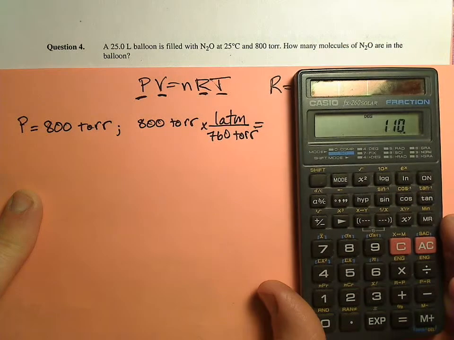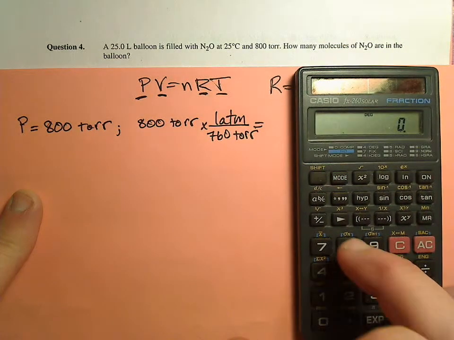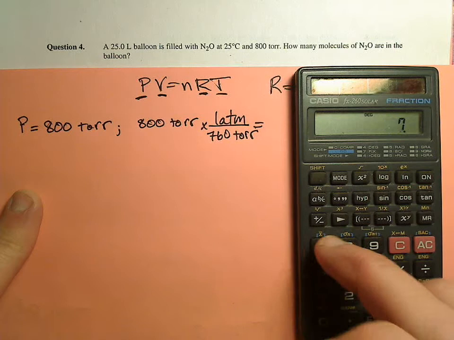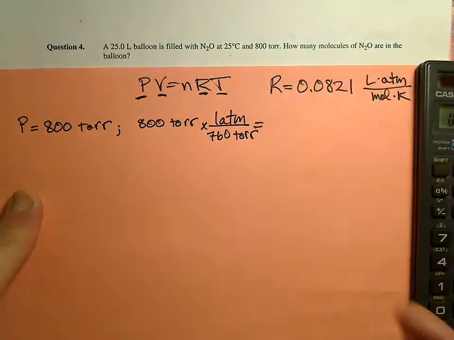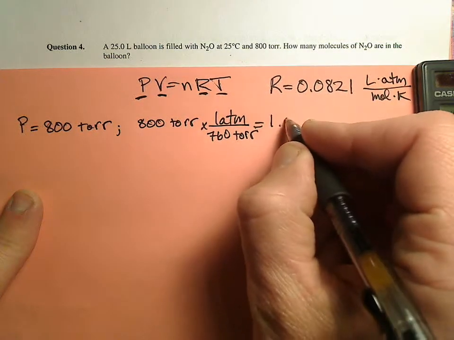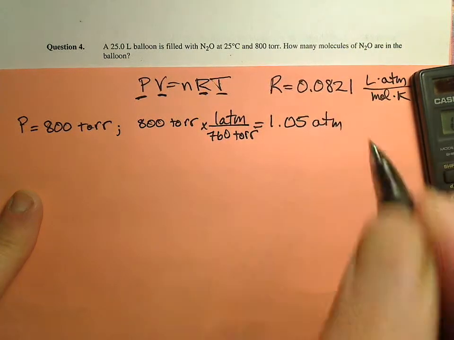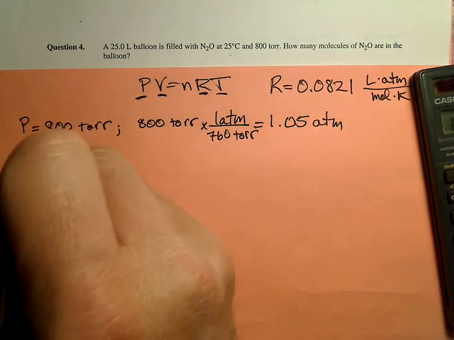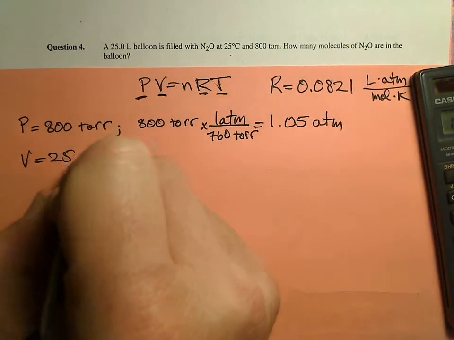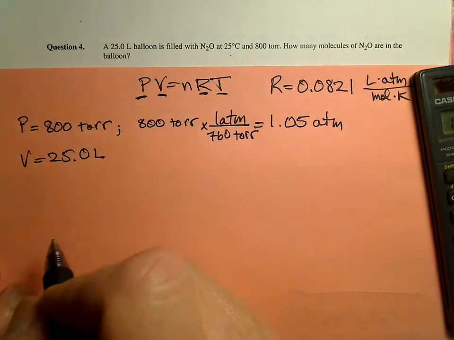So I do my handy candy calculator. 800 divided by 760, 1.05 atmospheres.